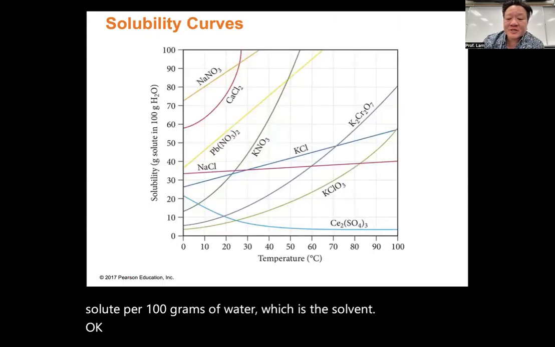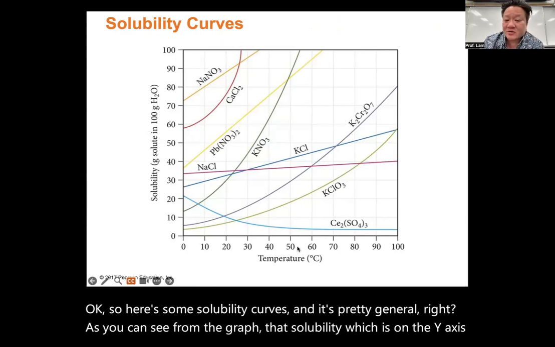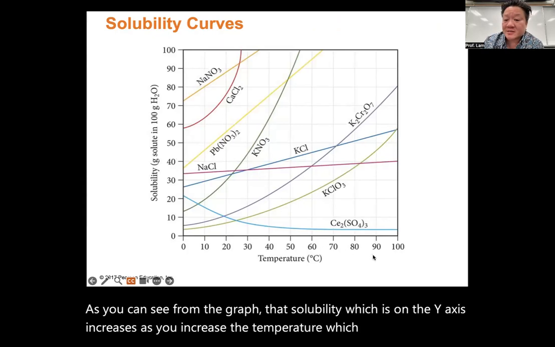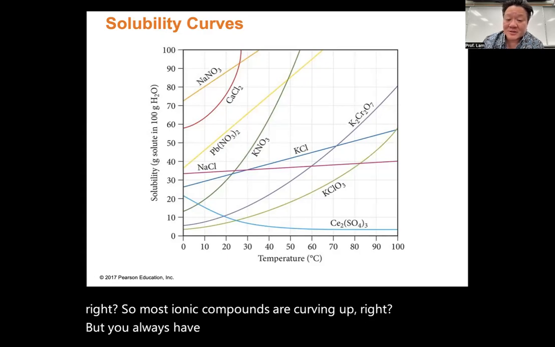Here are some solubility curves, and it's pretty general. As you can see from the graph, solubility, which is on the y-axis, increases as you increase the temperature, which is the x-axis here. So most ionic compounds are curving up. But you always have some exception to the rule, and that's cerium sulfate here.